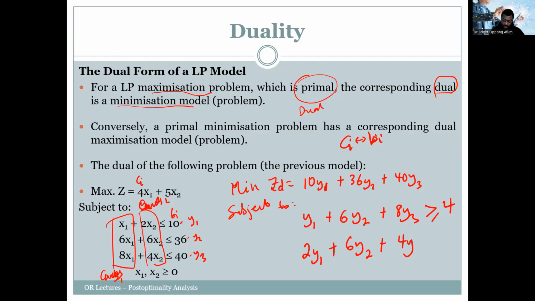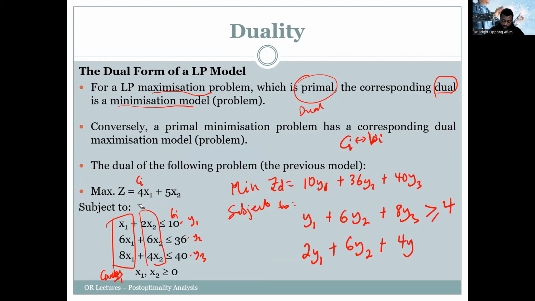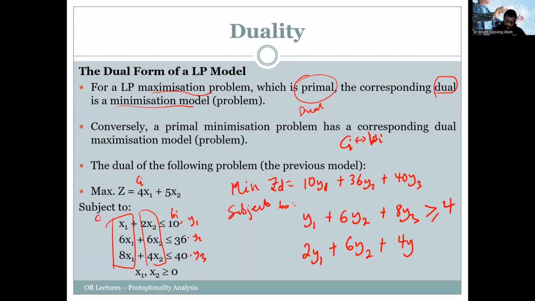So this highlighted is constraint 1 and this is constraint 2, right? So in constraint 1, x1 becomes y1, 6x1 becomes 6y2, and that's it. And this is also greater than or equal to 5.